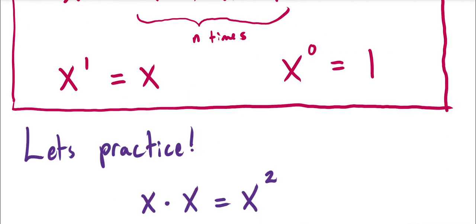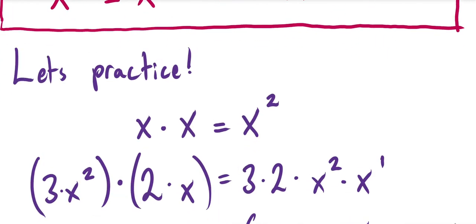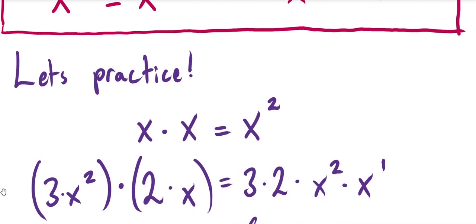Okay, so let's do some practice with that. Here we have an expression x times x. Using exponents, another way that we could write that is x to the 2nd power, or x squared, as it's sometimes called. Here is another example. Now here I wanted to make sure that what we're considering is 2 terms, 3x squared and 2x.